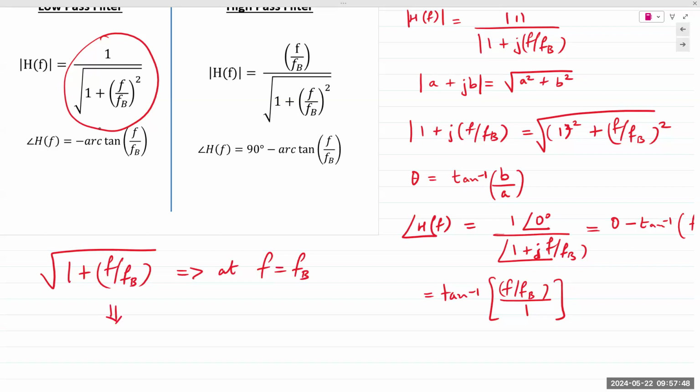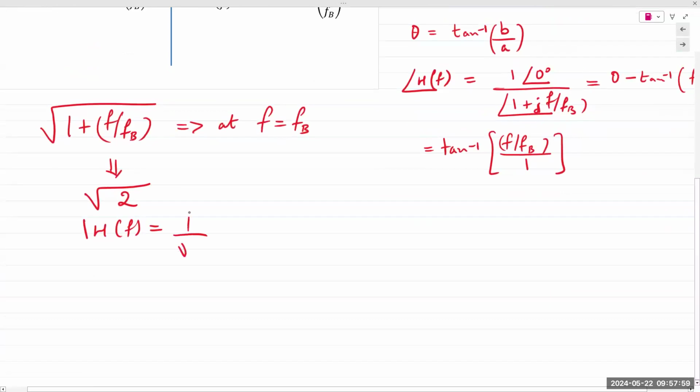Hence, this becomes root of 2, which means the magnitude of H of f becomes 1 over root 2 at the input frequency equals fb. And guess what value is 1 over root 2? 0.7071, I think. And hence we use 0.707.